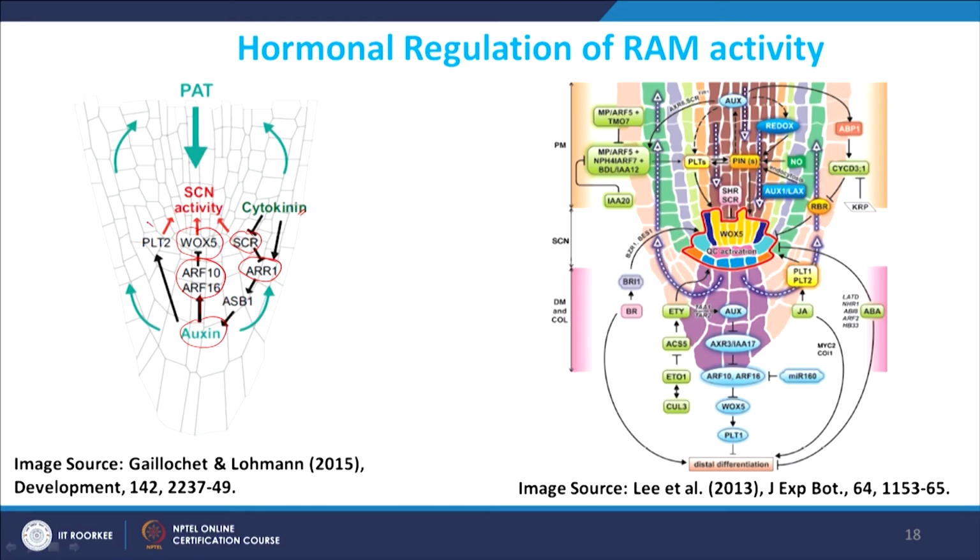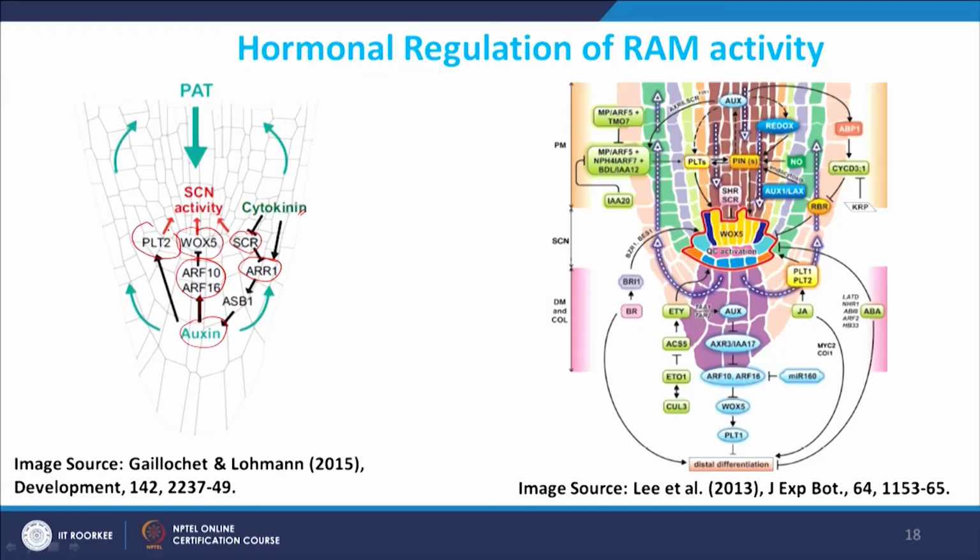Auxin is also regulating the activity of plethoras. So basically, in this picture you can see that there is crosstalk between auxin and cytokinin, which ensures a proper root apical meristem, proper meristematic activity, and a critical balance between cell division and cell differentiation during growth and development.